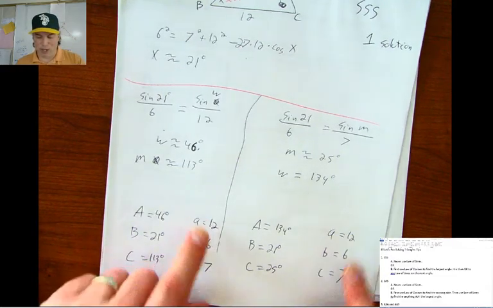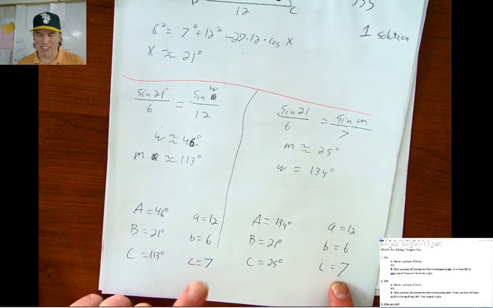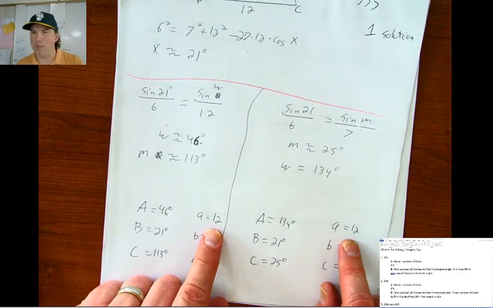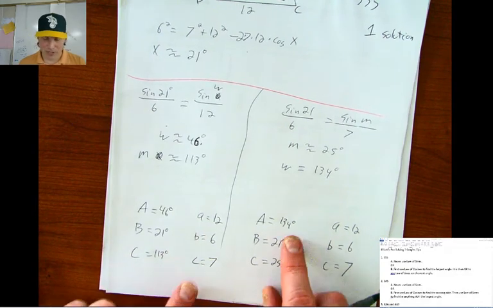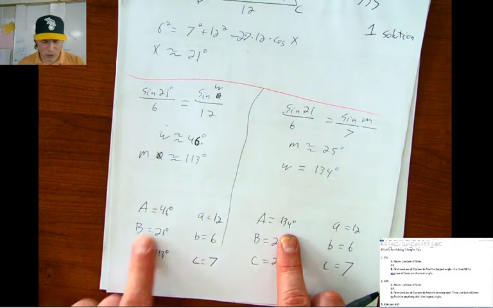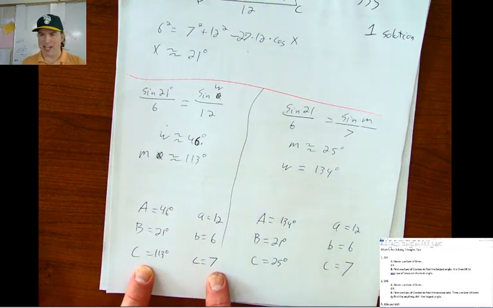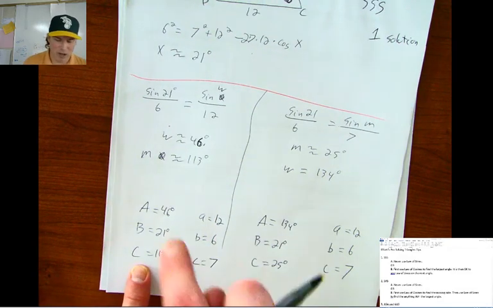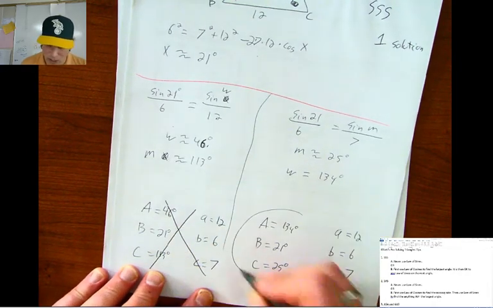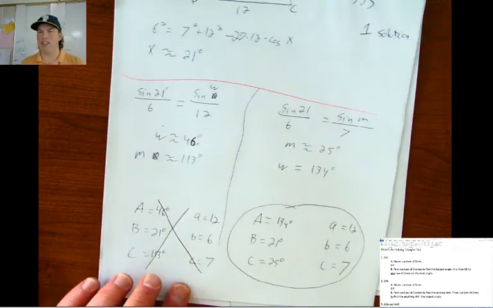The sides were here first, and the biggest side has to give the biggest angle. If I look up here, the 12 is the biggest side, and over here, A gives me the biggest angle, whereas over here, the middle side gave me the biggest angle. This one's the flop. So this is not the correct answer, in which case this would be the right answer.